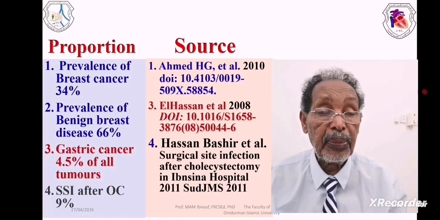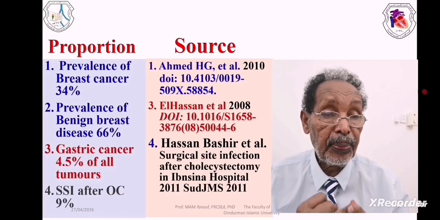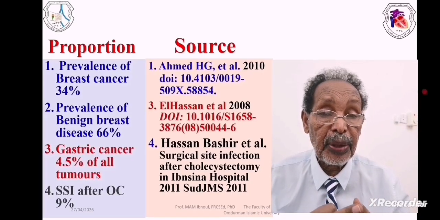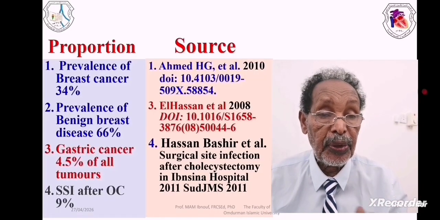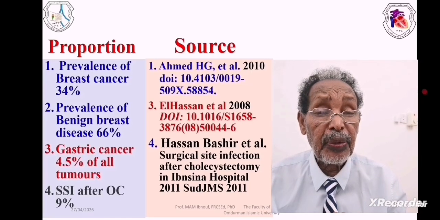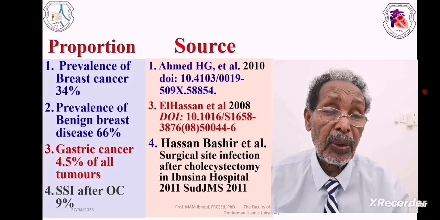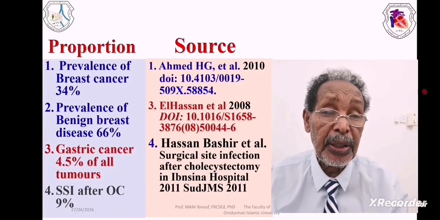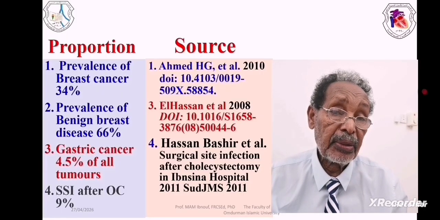So from these examples, the proportion is the incidence or prevalence or frequency of a disease or one of its major outcomes. It is usually found in a written paper from the same community or the same population, or from a similar setting in other countries.